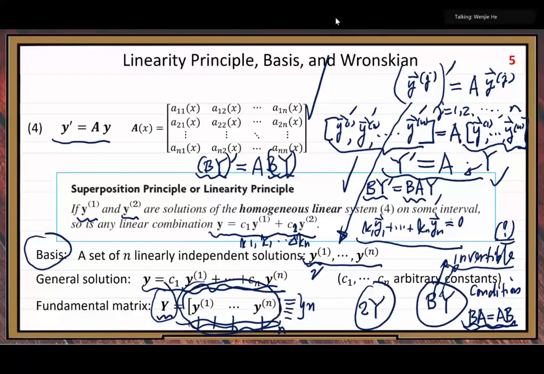Why is that? Some of you may find it hard to understand this statement, this result. Just use our previous slide. Remember, before the break time, I talked about invertibility, and I talked about non-trivial solutions.